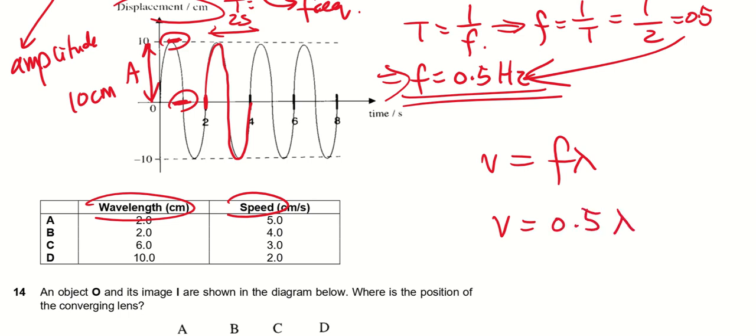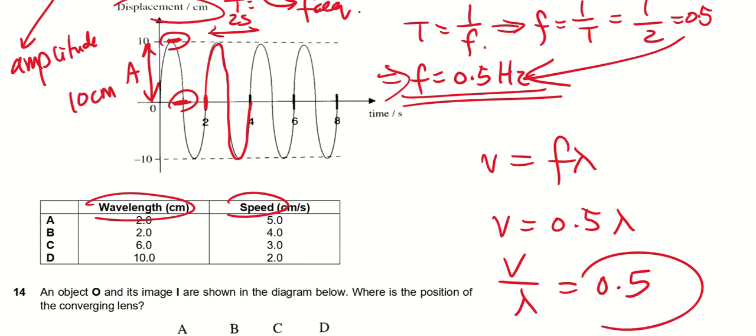That means my V over lambda must be equal to 0.5. So now I need to choose every option. I need to take V divided by lambda to see if it matches 0.5. If it matches, that is the correct option. So the only one that is correct is C, right? Answer is C. So you still have to do some guess and check, but it is not difficult, just very troublesome and irritating.